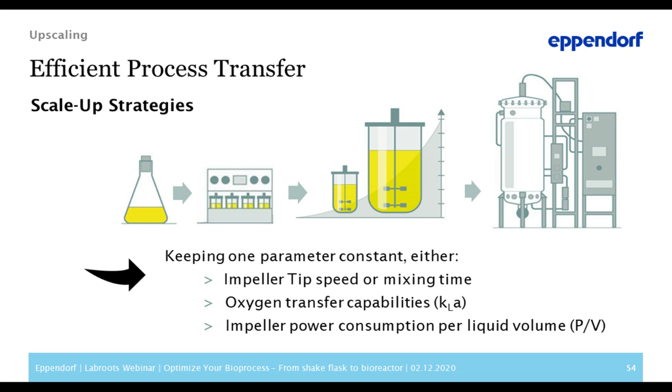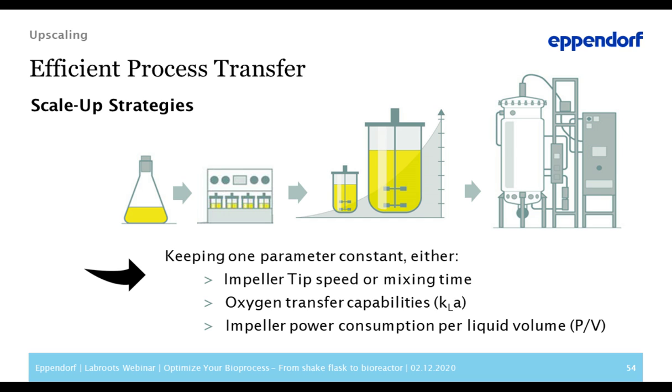And for this, there are different scale-up strategies developed. So the general strategy is to keep one process parameter constant throughout the scale-up process. That could be either the impeller tip speed, which means the end of the impeller, so the tip. It can also be the mixing time.